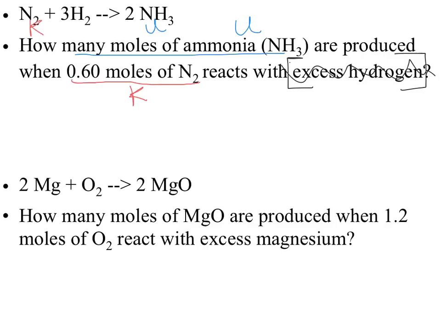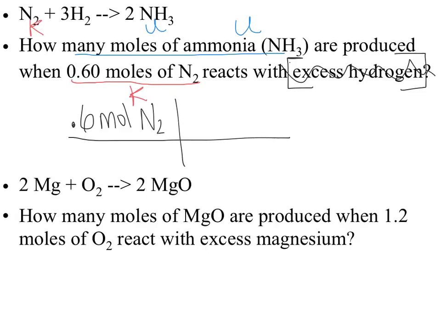Now I'm going to set up my grid. I'm going to start with my known from the problem: 0.6 moles of N2. I want my known on the bottom to get them out of here. So my coefficient out in front of my nitrogen is 1.